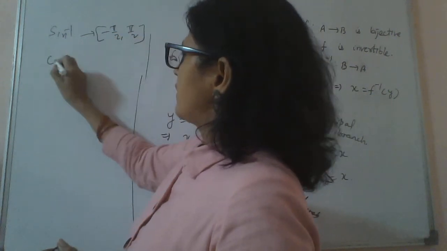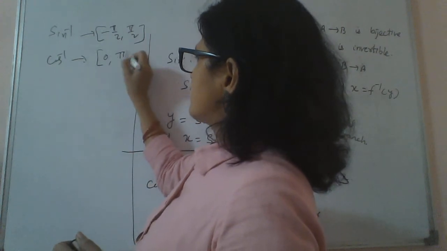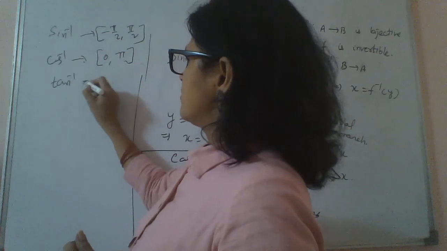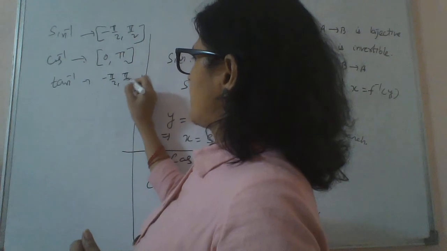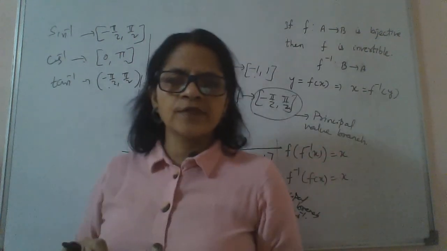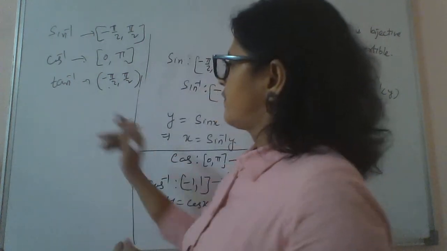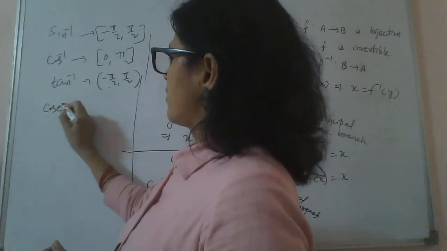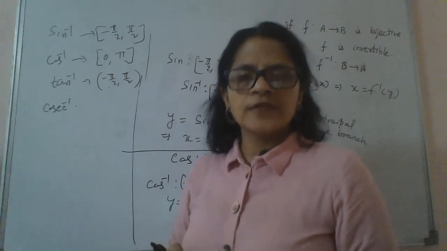Cos inverse exists in the closed interval 0 to pi. And for tan inverse, here it is the open interval minus pi by 2 to pi by 2, because at pi by 2 tan x is not defined, and at minus pi by 2 tan x is also not defined.